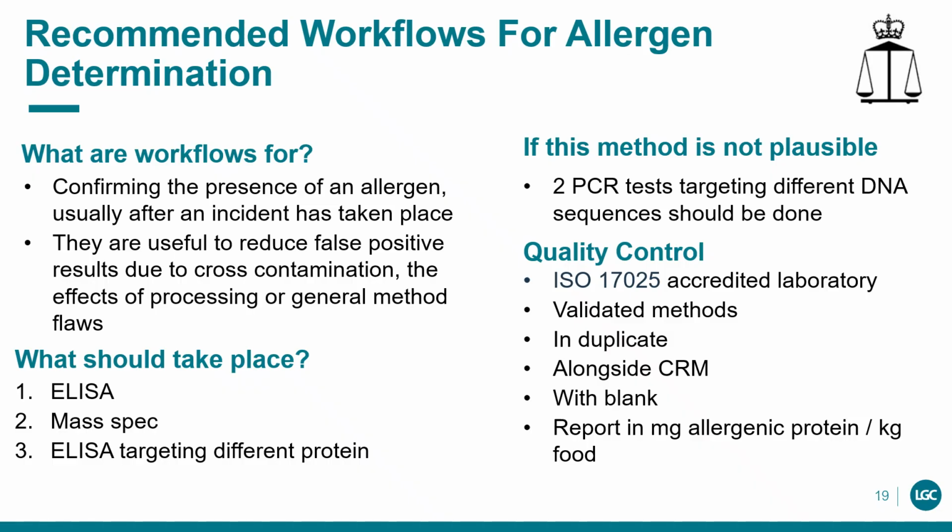However, if it is the only option available, then 2 tests should be undertaken with each targeting a different DNA sequence. Testing should be carried out by an ISO 17025 accredited laboratory using validated methods, run in duplicate, and ideally alongside both a CRM and blank. Finally, the data should be reported in milligram allergenic protein per kilogram of sampled food.